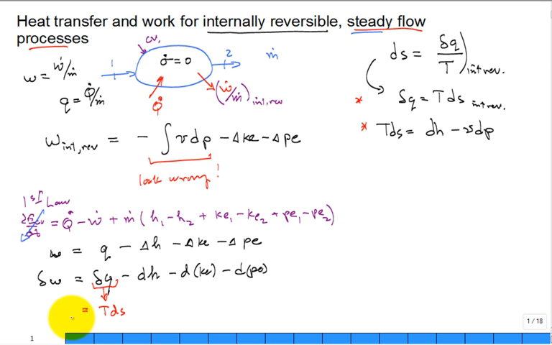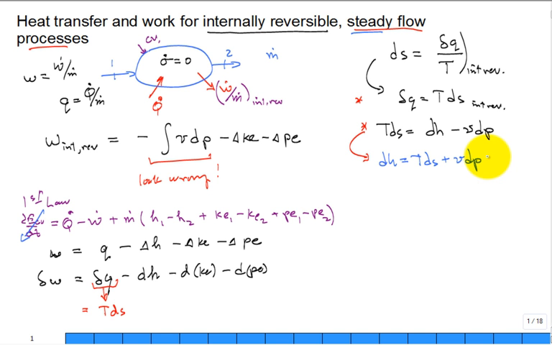And what about the dH? Well, I look over here to this equation, and I see that dH is equal to TdS plus VdP. Did I write that equation right?